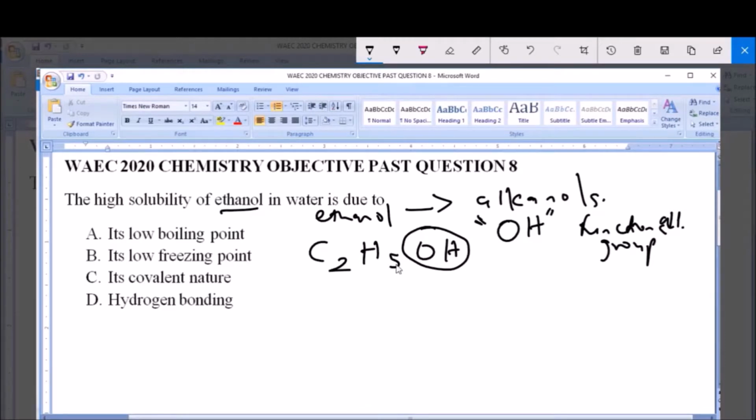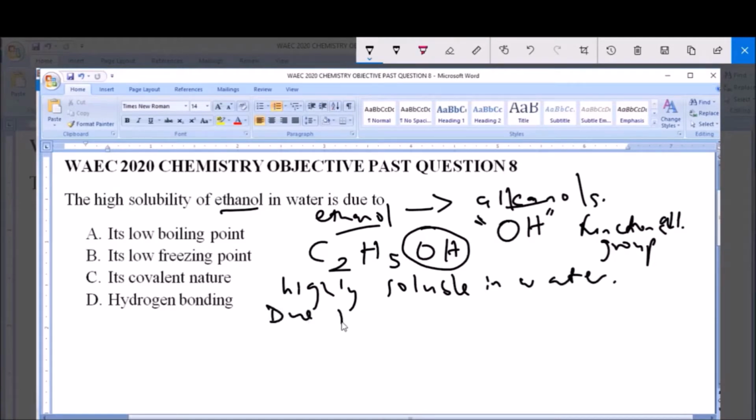Now what the OH group does for ethanol and also for all the alkanols is that it makes the majority of them highly soluble in water, and this high solubility in water is due to the presence of hydrogen bonds.